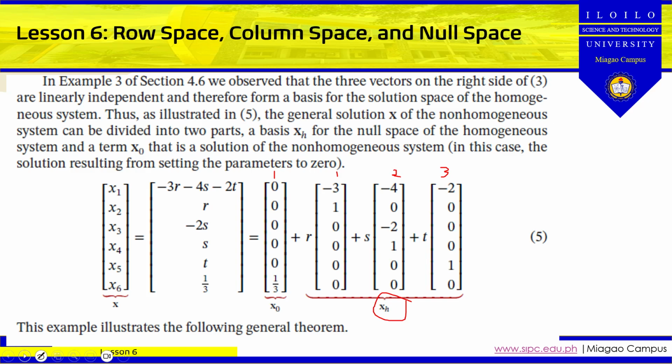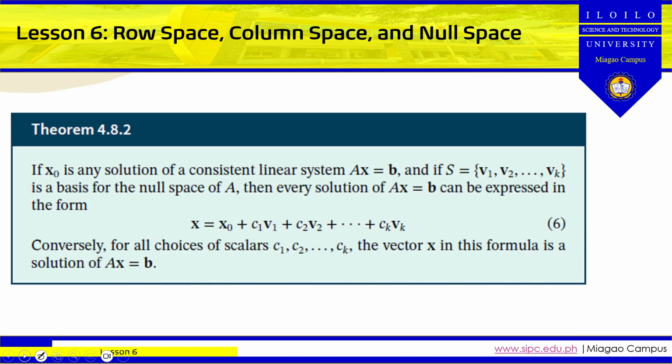So this example illustrates the following general theorem, Theorem 4.8.2: if x sub 0 is any solution of a consistent linear system Ax = b, and if S, the set of vectors v sub 1, v sub 2 to v sub k, is a basis for the null space of A, then every solution of Ax = b can be expressed in the form x = x sub 0 + c sub 1 v sub 1 + c sub 2 v sub 2 + ... + c sub k v sub k.